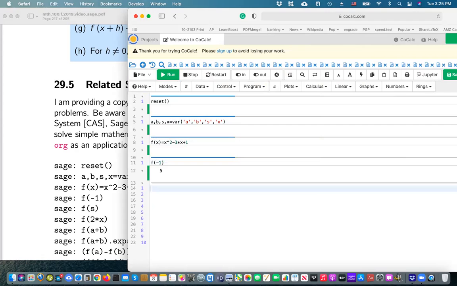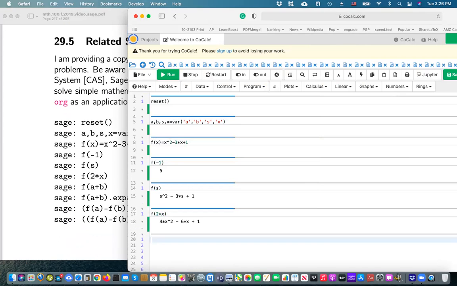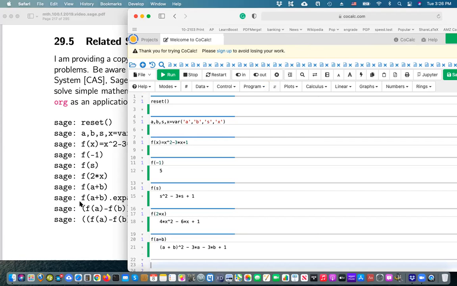It finally did it. Okay. So let me keep going. F of S. Now that's not so surprising. F of 2x. Remember, if you do multiplication, you have to put it in. It does it pretty quickly, right? F of A plus B. These are things that we've done in class already. Gee, it did that, okay.